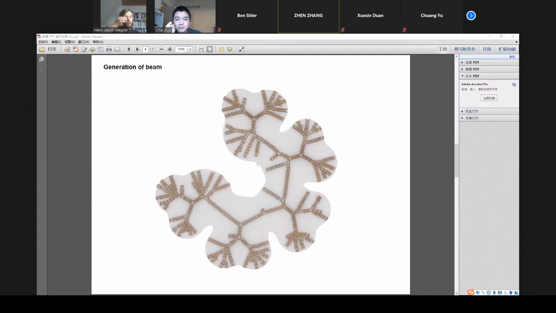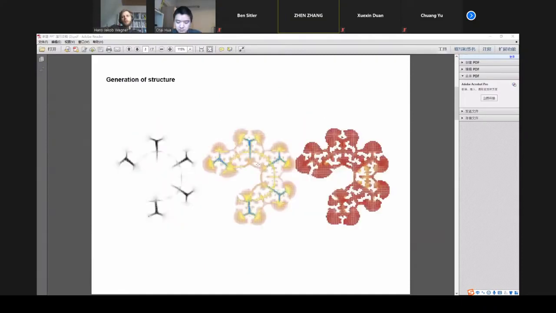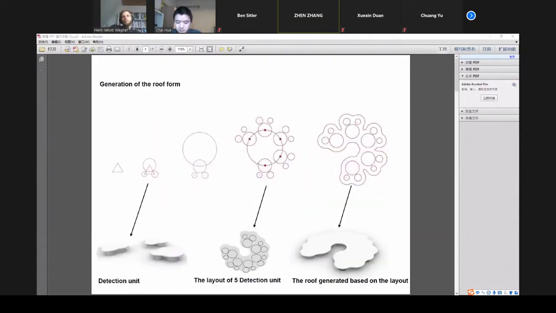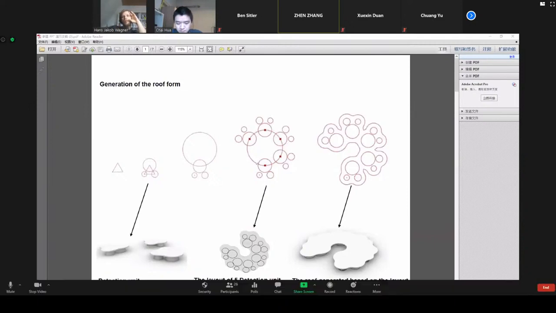Can you go up to the first slide? Can you briefly explain how those units work together?